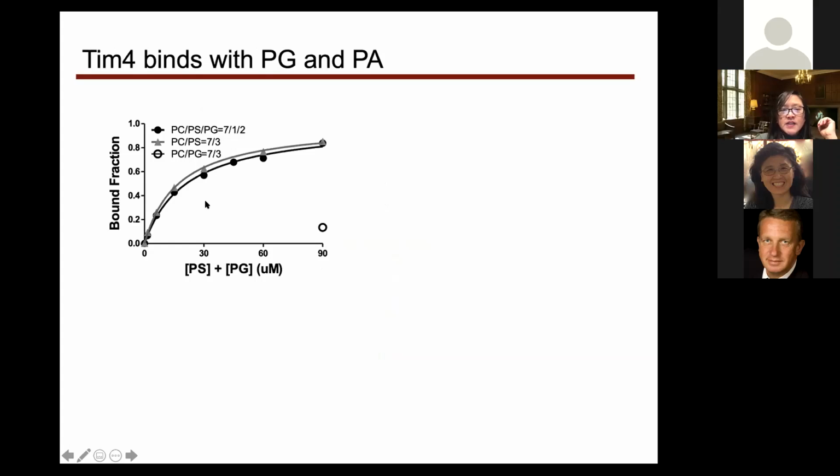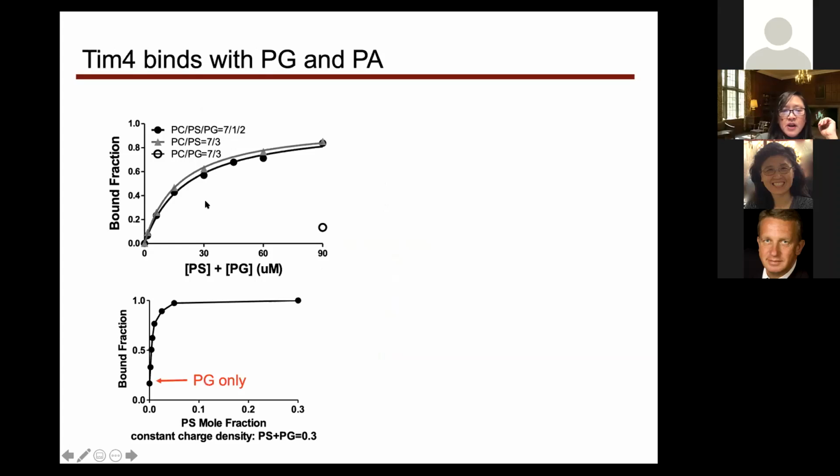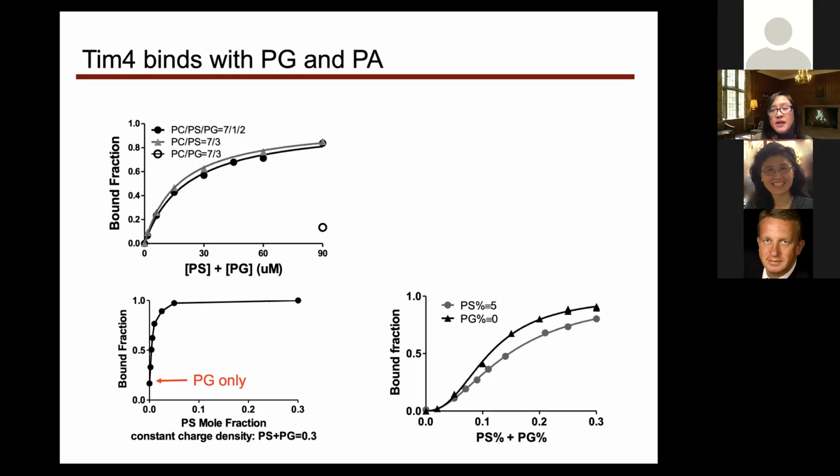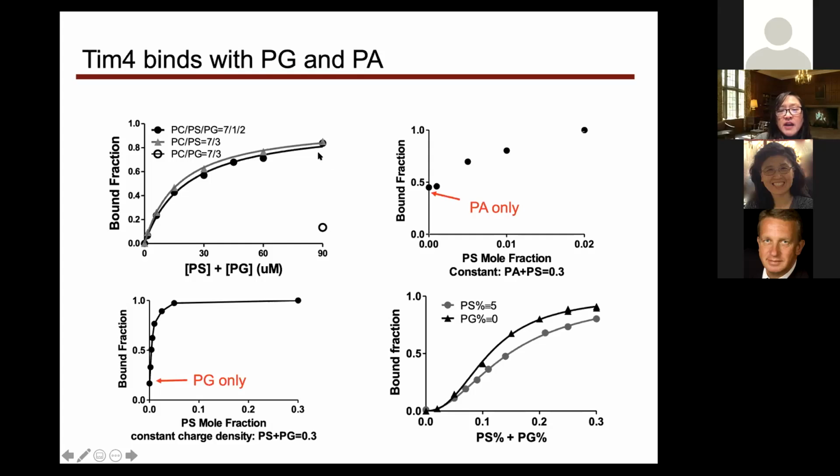In this case, this is with PG, with a glycerol head group, and we find that PG, in the absence of any PS, would still have some interaction with the system. But what is very interesting is that with PA, phosphatidic acid, the interaction in the absence of PS is much more pronounced compared to PG.